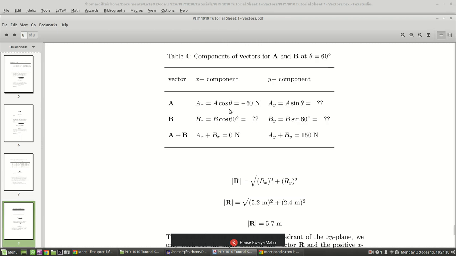We know Ax, we are told Ax is minus 60 newtons. We do not know Bx, but we know Ax plus Bx is equal to 0 newtons. We also know Ay is A sine theta, then By is B sine theta, and we know Ay plus By is equal to 150 newtons. Is this clear?